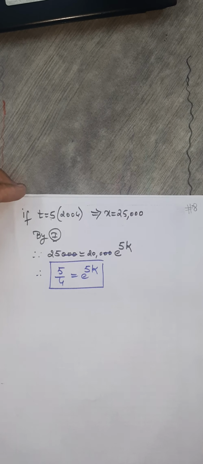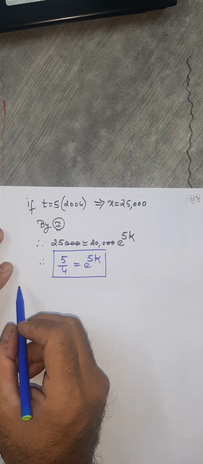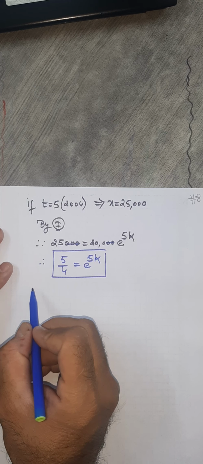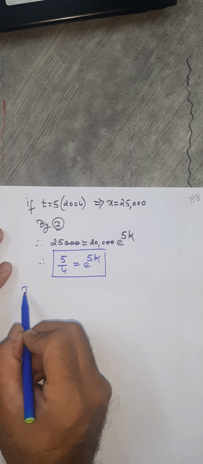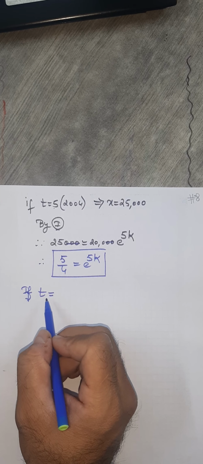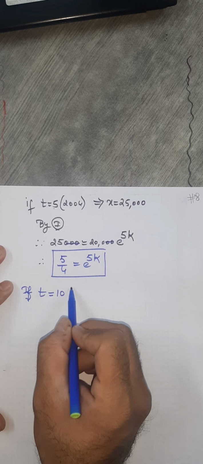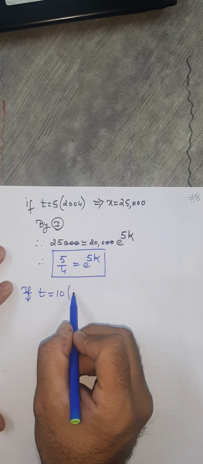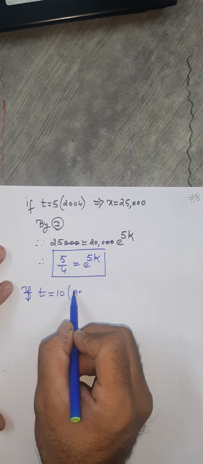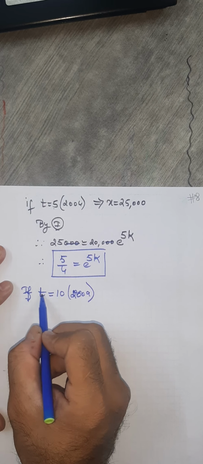Now we answer the given question. What's the question? What will be the population of the village in 2009? So t equals how much now? 2009 means t equals 10, remember. Why? Because the beginning was 1999, remember. So 2009, t equals 10.